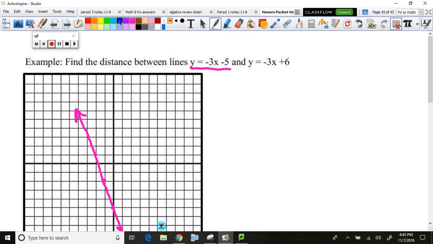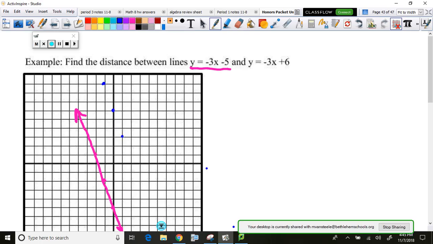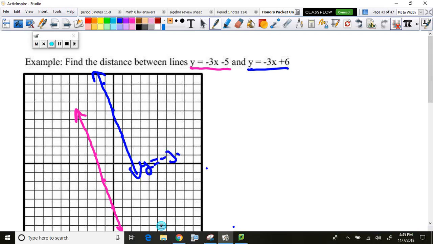Our second line is this, and we're going to find the distance between the pink line and the blue line. So this one's y equals -3x plus 6. And this line is y equals -3x minus 5.